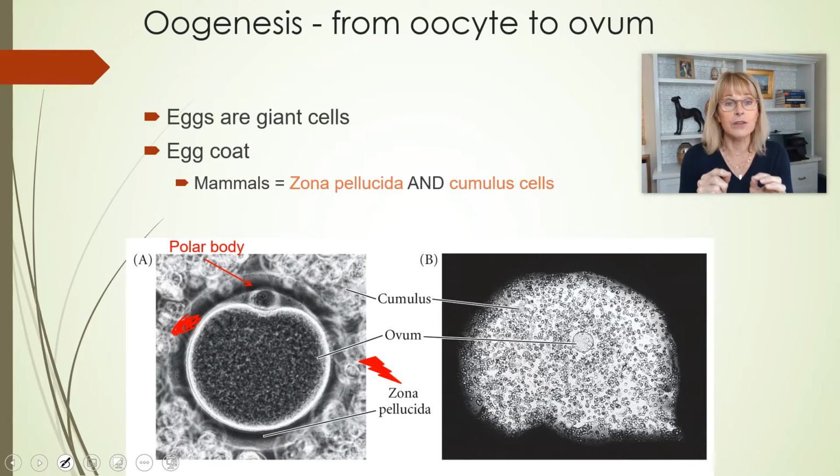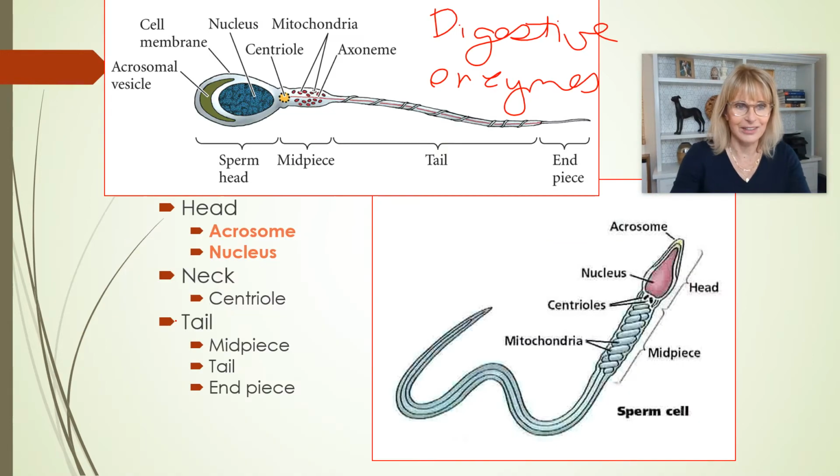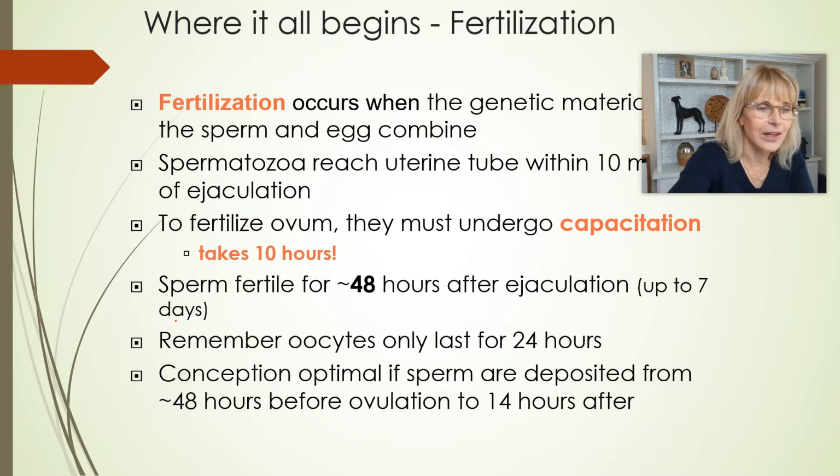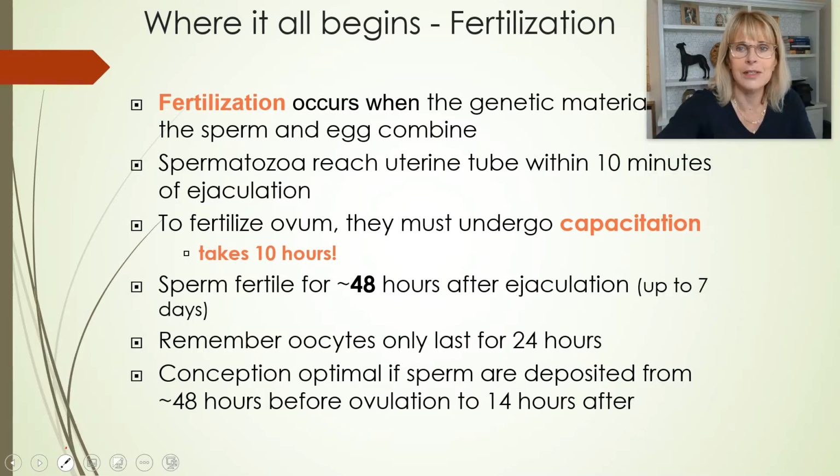A fertilization event will only happen if the cell membrane of the sperm actually touches the cell membrane of the egg. Okay, good. So let's talk some more about fertilization.